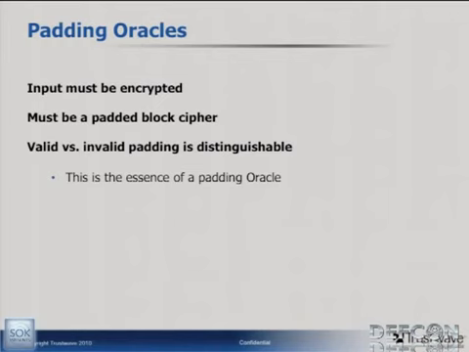Now, I know that with a padding oracle, you can do all sorts of crazy things, and you can take over an old ASP.NET installation. But really, all a padding oracle allows you to do is tell whether or not the padding was valid.